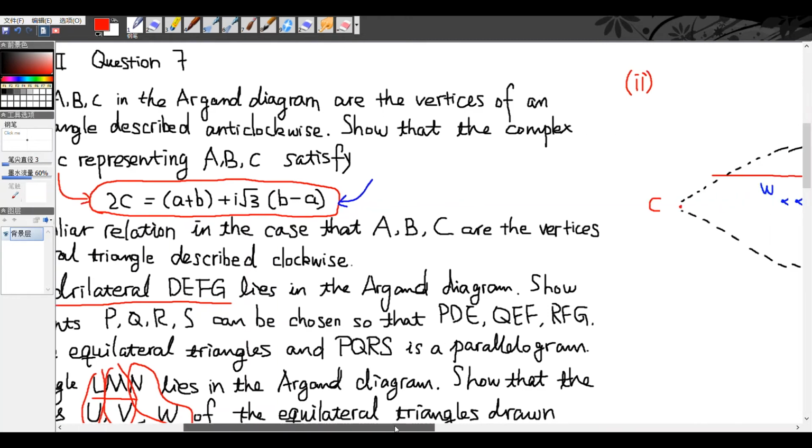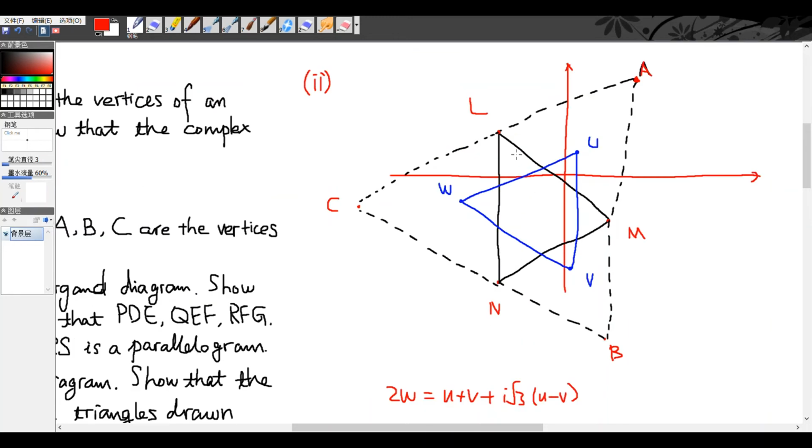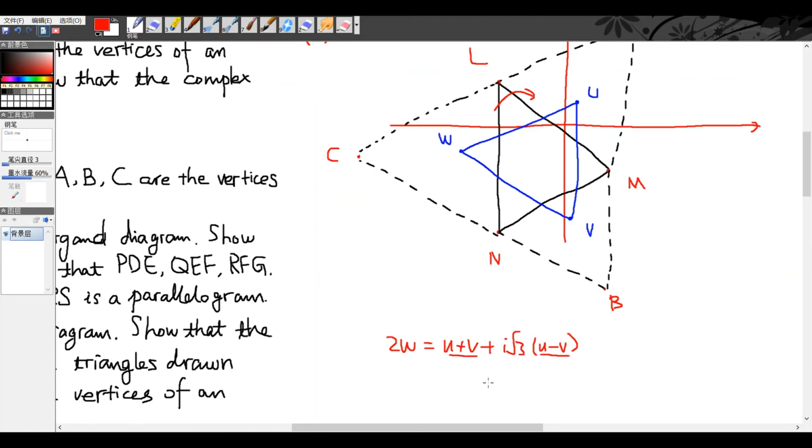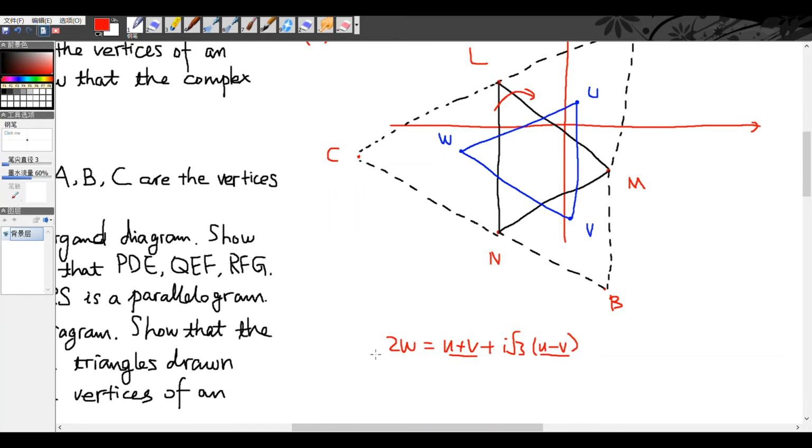So what we have to do is just to prove that 2w is equal to u plus v plus i times the square root of 3 times u minus v. So we are looking clockwise here, so we write u minus v and u plus v. So what we have to do is just to prove this equality.